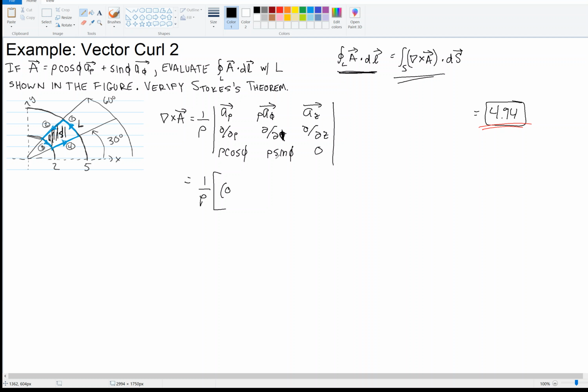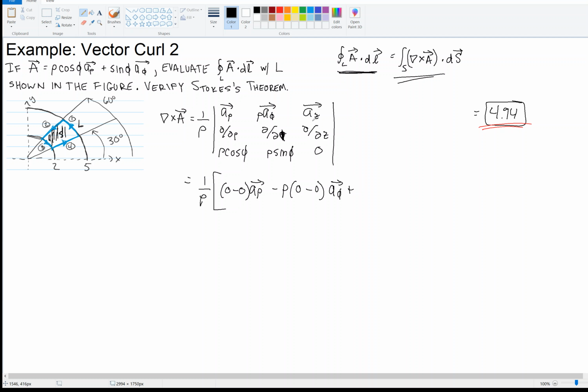Partial on z here, so that's also 0, so that's nice, right? Okay, that's in the rho direction. Nice. Then we've got minus rho times the partial on rho was 0, that's 0. And then the partial on z with rho cosine phi, that's 0 too, that's nice. That was in the phi direction.